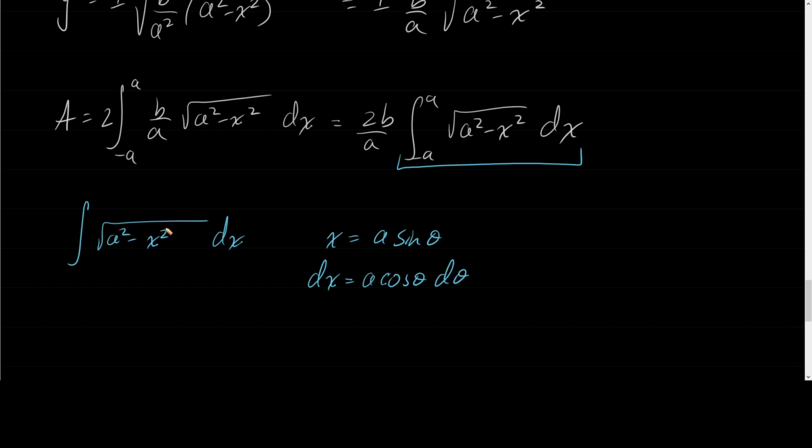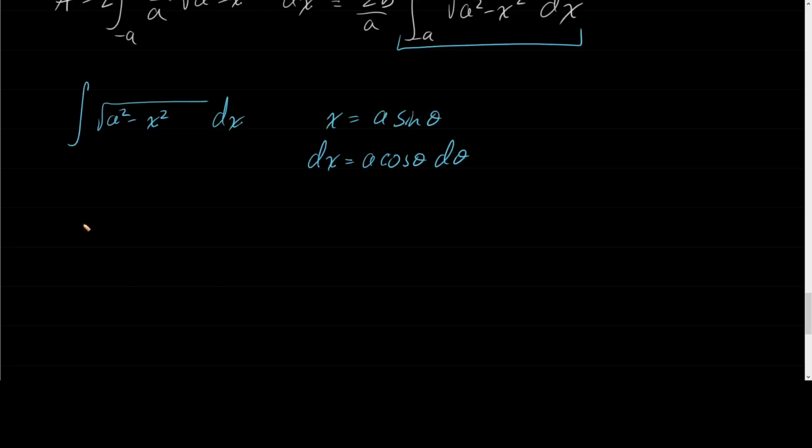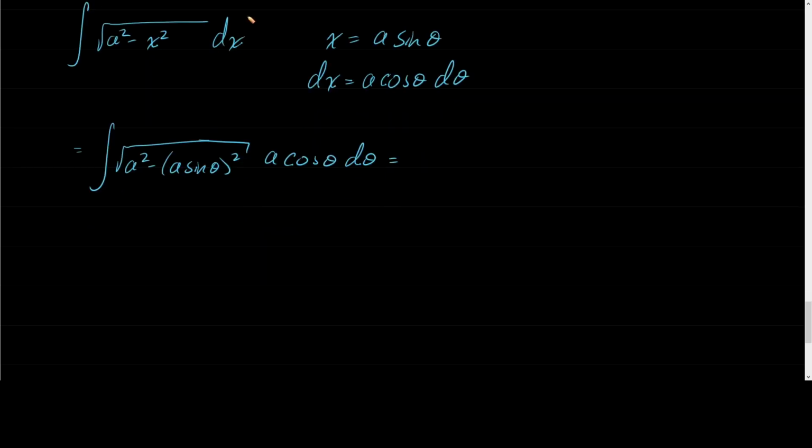So this integral now becomes the integral of the square root of a squared minus a sine theta squared, right? That was our x, and the dx is going to be a cosine theta d theta. All right, so let's do a little bit of side work here. What does that become?